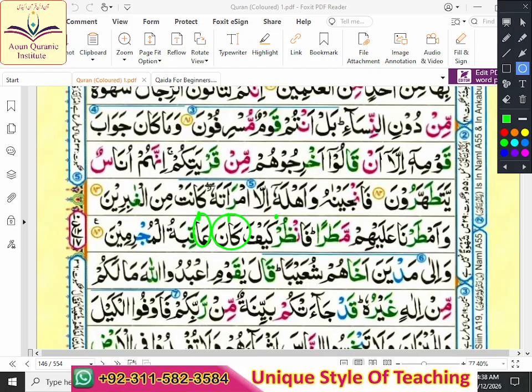And if you say kaifa kana, this is also not correct. Kaifa kana aqibatul mujrimin. This is beautiful and correct. Is that clear? Yes, this is the correct way.